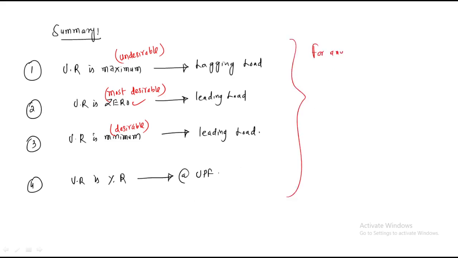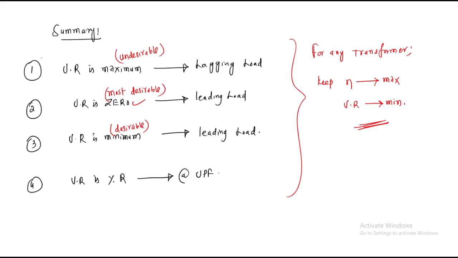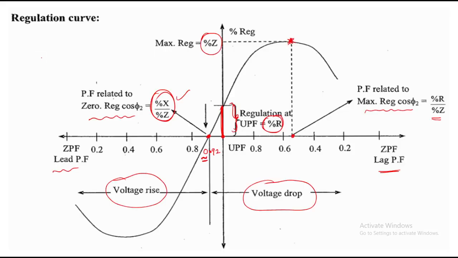That is, for any transformer, keep efficiency maximum and voltage regulation minimum. Therefore, these are the most desirable conditions. So this is about voltage regulation of a transformer. Thank you.